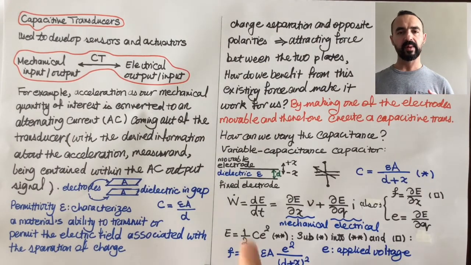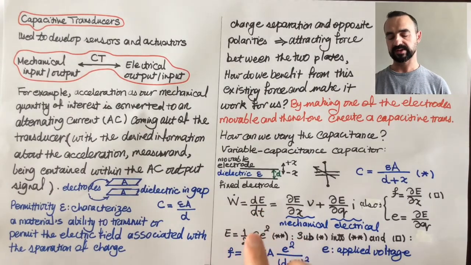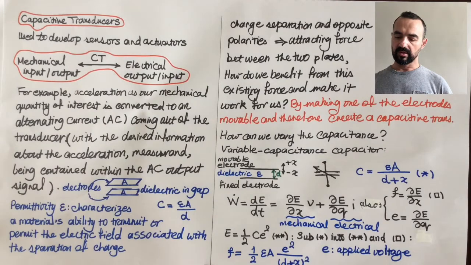If you think about a capacitive transducer like this case, this is essentially a two-port component, right? In other words, how many domains are interacting with this transducer?